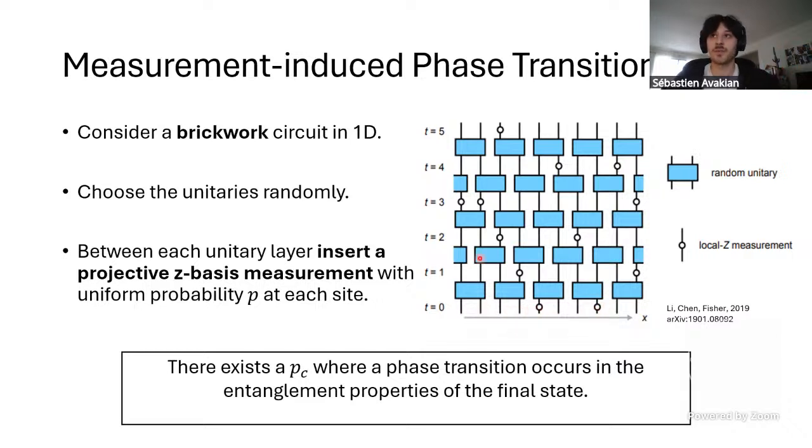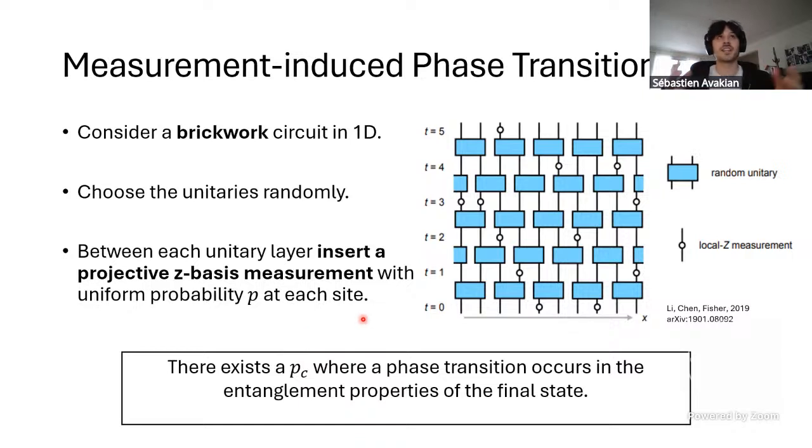And so here's a schematic from one of the first works on this. The idea is just to have a state evolve under this. Now, if you consider the ensemble average, there exists a critical point such that for P below, we're in one phase, and for P above, we're in another phase.